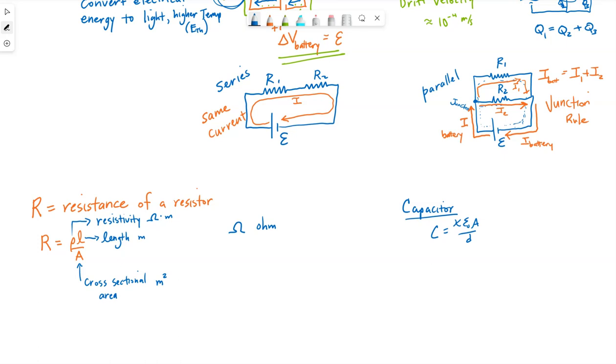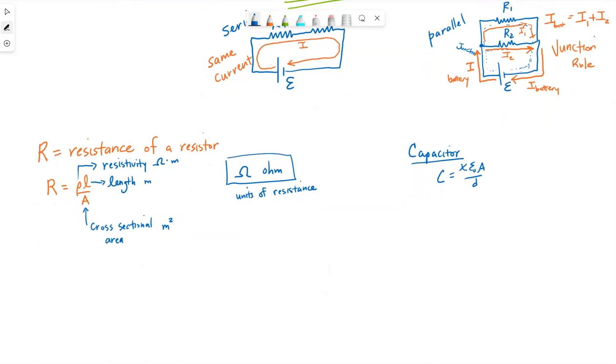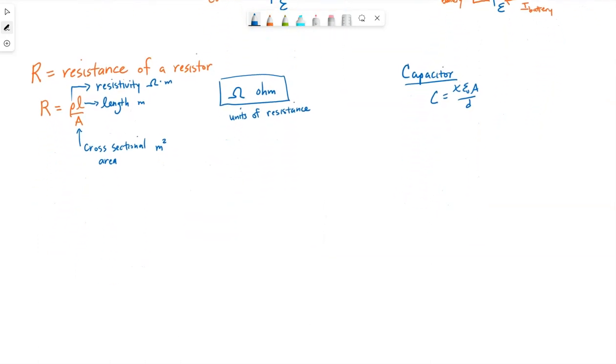So when we plug these units together, we are left with this ohm. These are the units of resistance. This is the value that they've chosen to assign to the resistor.